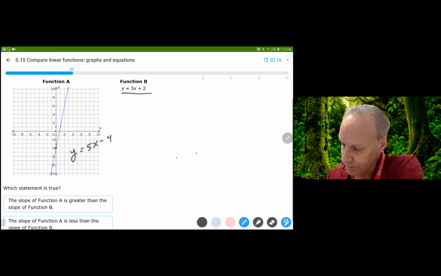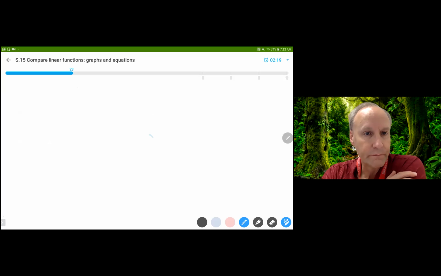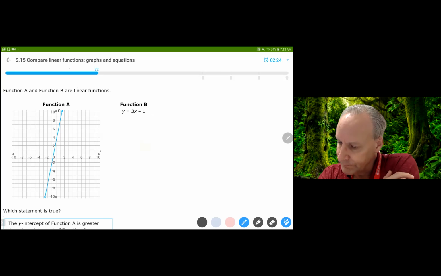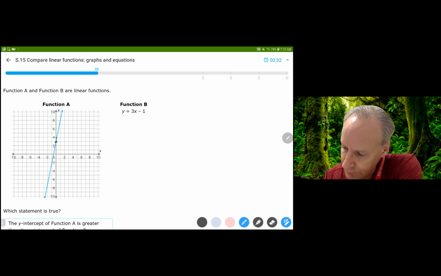And it says the slope of function A is greater than B. So this one goes through 0, 2 and has a slope of up 1, 2, 3, 4, 5 over 1. So this equation is y equals 5x plus 2. And this one is y equals 3x minus 1.